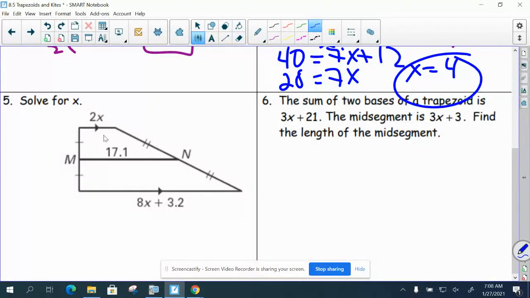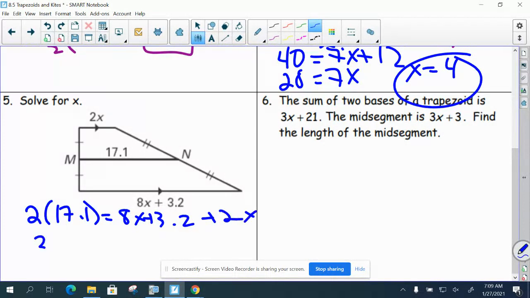So for this one, this is also a trapezoid, and here this is the midsegment. So we can set up the equation again. I'm going to just go ahead and do that second equation I showed you, the 2 times 17.1 equals 8x plus 3.2 plus 2x.